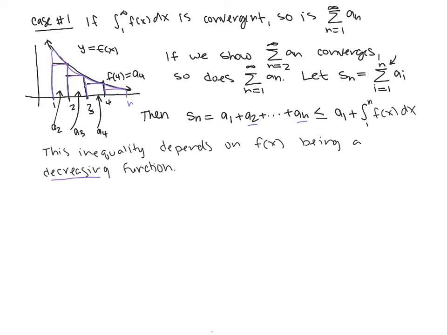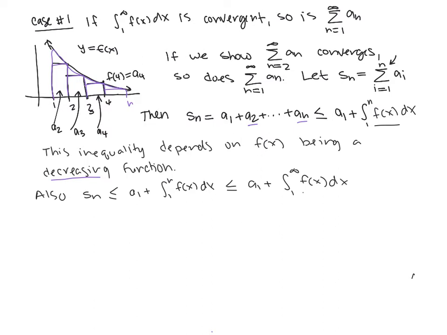Okay. And the other thing to notice is that an integral from 1 to n is certainly going to be less than an integral from 1 to infinity. So what you can also observe is that Sn will be less than or equal to a1 plus the integral from 1 to n of f of x dx, which is less than or equal to a1 plus the integral from 1 to infinity of f of x dx.